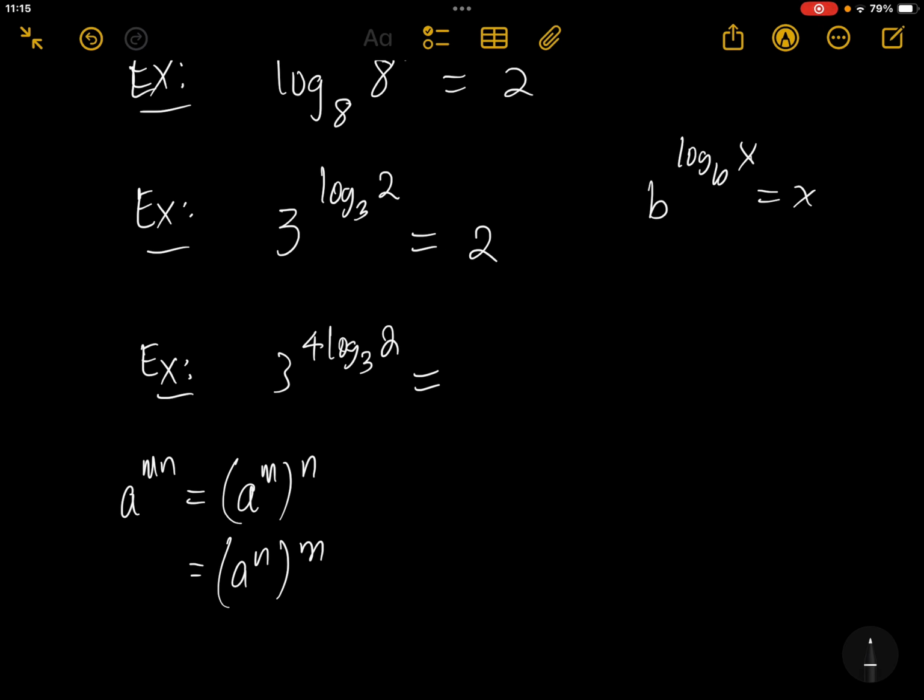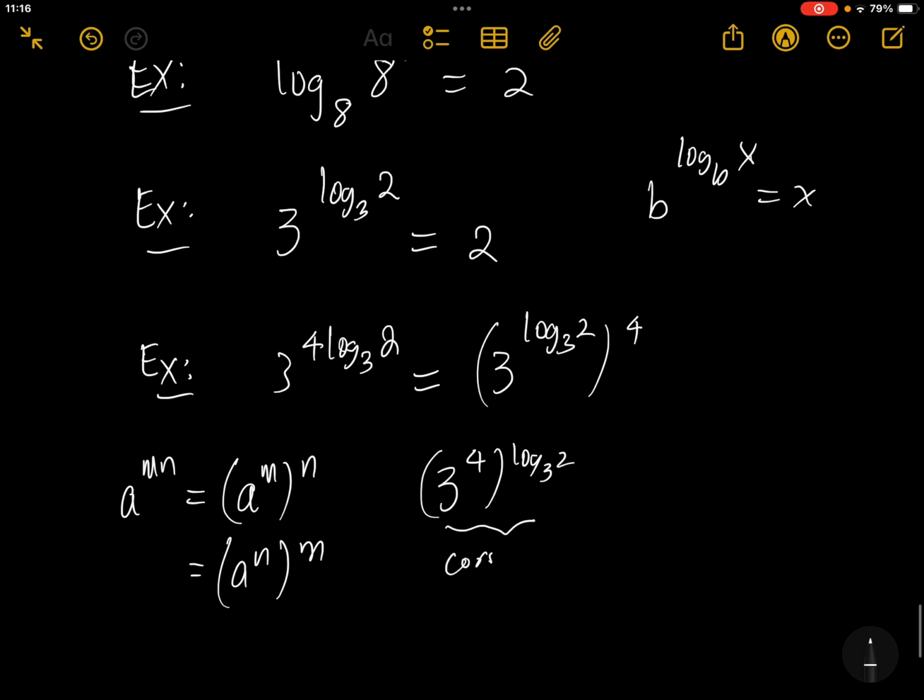In this case, it's easier to rewrite it as 3 to the log sub 3 of 2 raised to the 4th power. I mean, we could try 3 to the 4th power raised to the log sub 3 of 2, but that wouldn't get us anywhere, because 3 to the 4th power is 81. 81 to the log sub 3 of 2, I mean, what is that? We don't know. It's not helpful, even though it's correct.